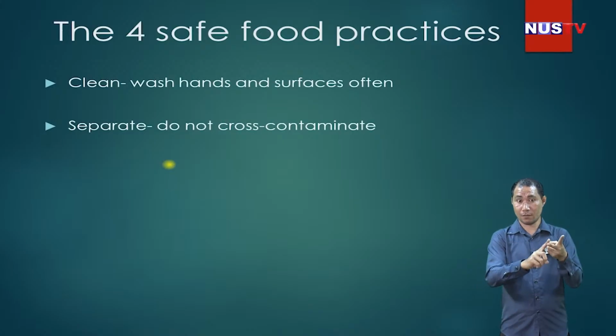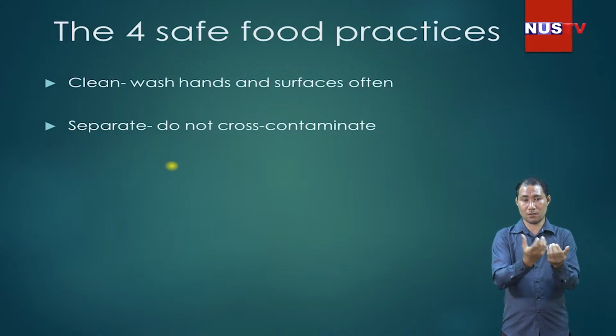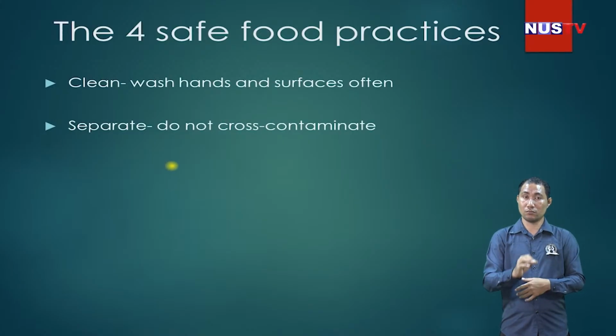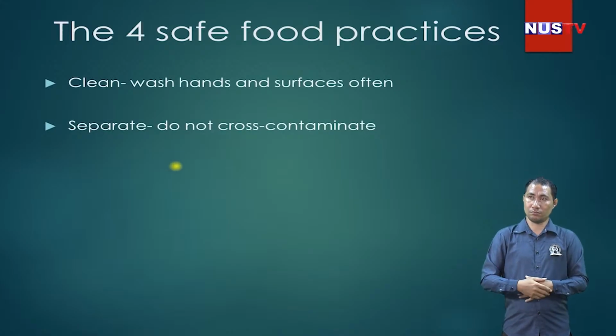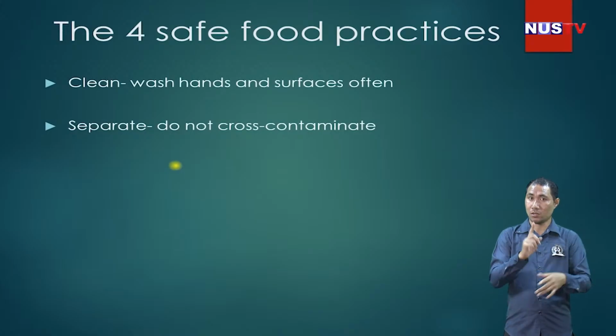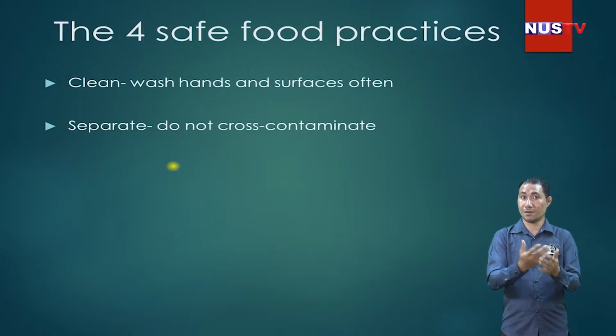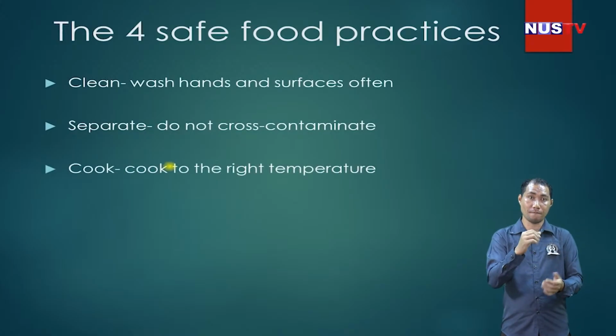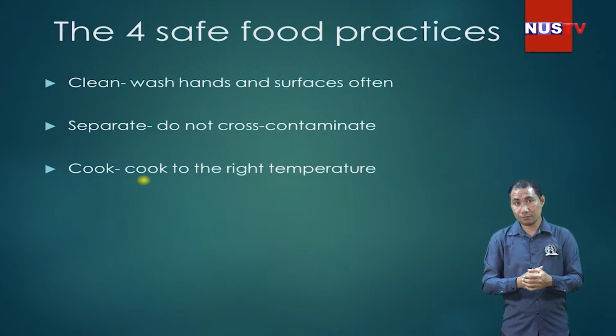The second one is separate. Do not cross-contaminate. That means separate meat from vegetables, or separate every ingredient that you are going to prepare for cooking.